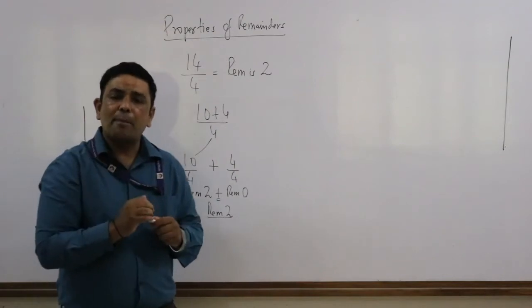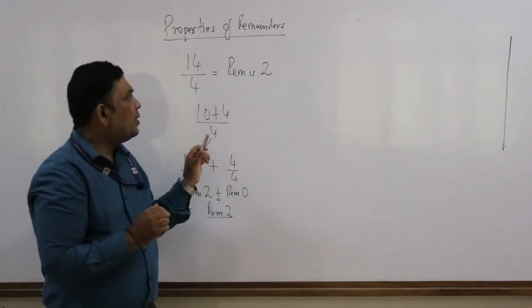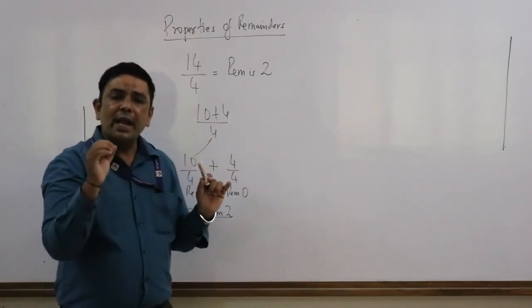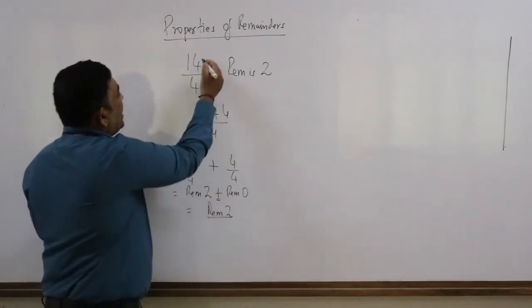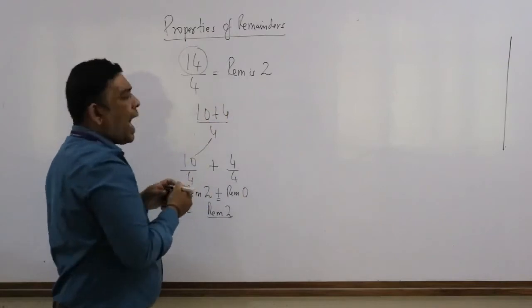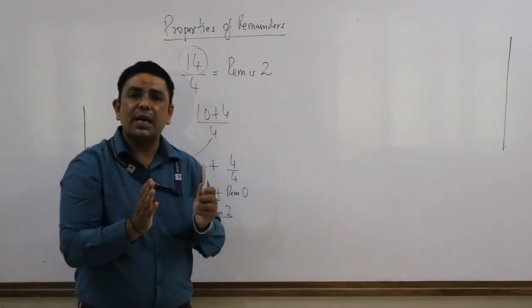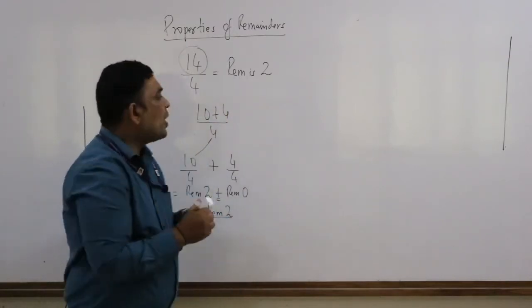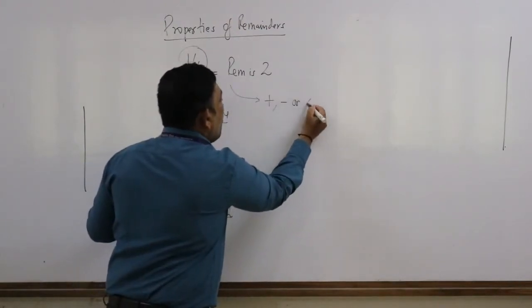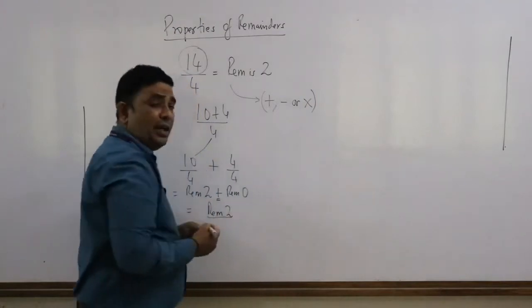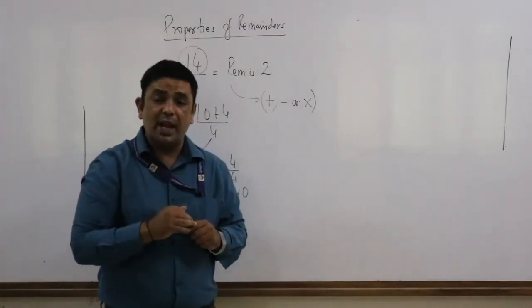So the first property that we are talking about: whenever you are finding the remainder, you can break the numerator into as many parts or portions as you want. You can use the sign of plus, minus or multiplication. Division is not going to be allowed.